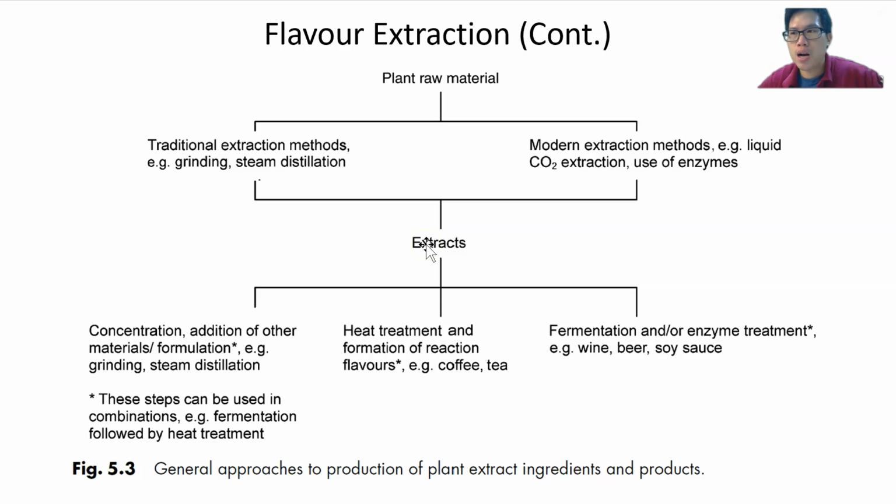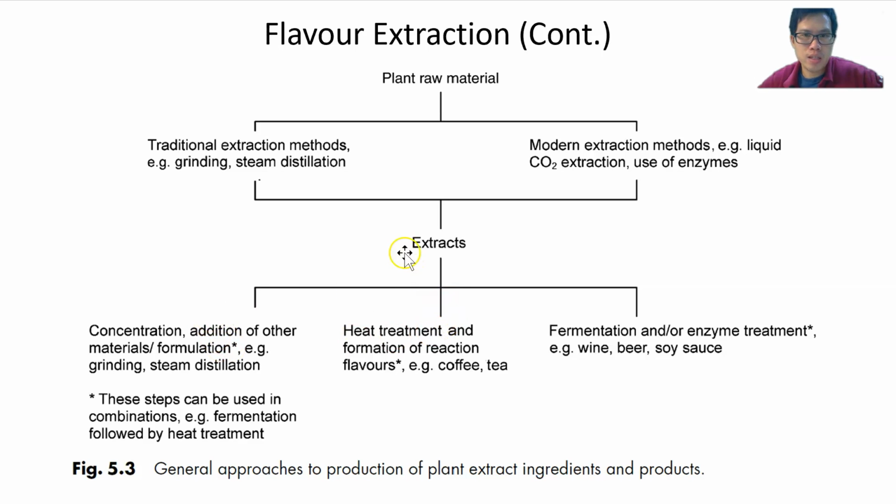You can use it to generate the desirable flavors, or you can further generate taste and smell. For example, here is the concentration: you can concentrate further, or you can dilute and so forth.